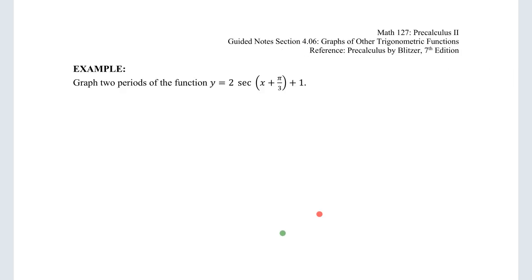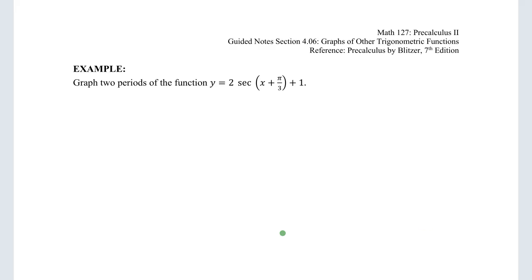Now let me go ahead and proceed with the next example, which has everything, but in this case, we have here a secant function. And remember, when we are graphing the secant function, we are actually just graphing the cosine function, okay? So with this, we now begin by once again identifying the values that would graph a cosine function. All right, so I'll start with the amplitude, okay?